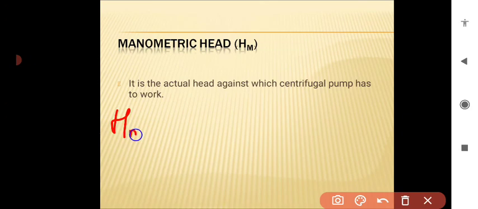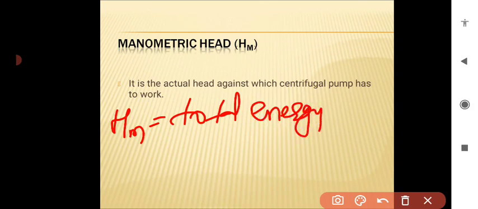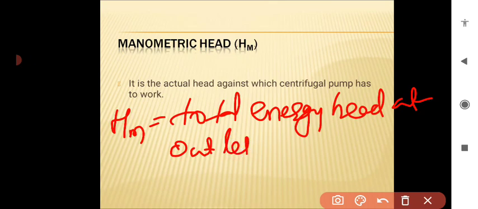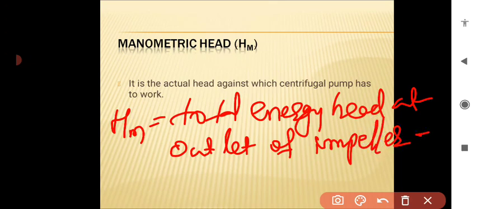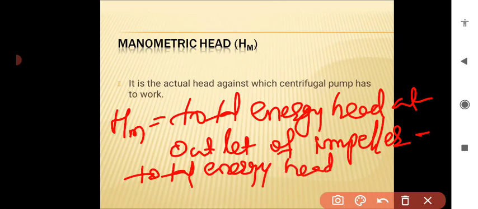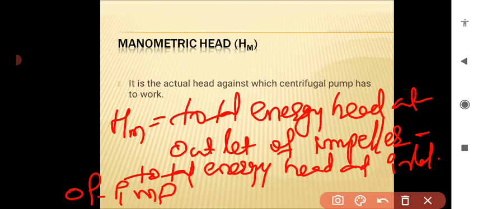That is, HM is equal to total energy head at outlet of impeller minus total energy head at inlet of impeller.